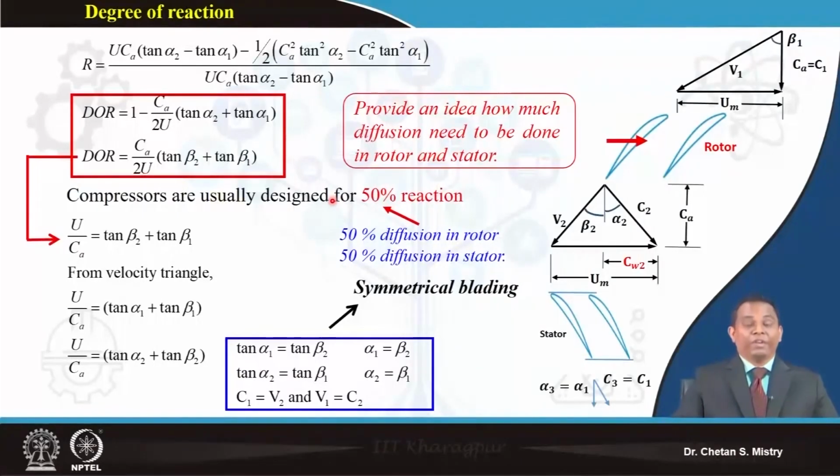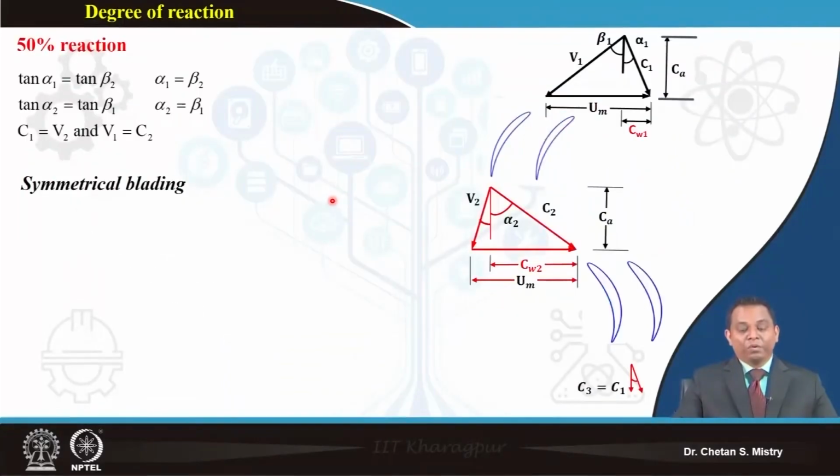Okay, so we need to understand how we are dividing our diffusion work. That is what gives us my degree of reaction. Now if I put in my symmetrical configuration, suppose my flow enters the rotor with some absolute velocity.